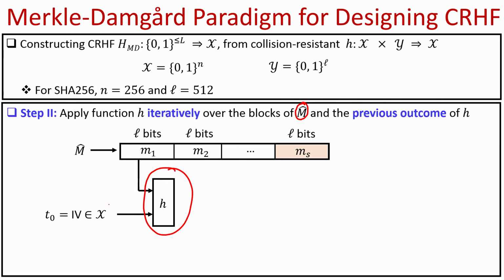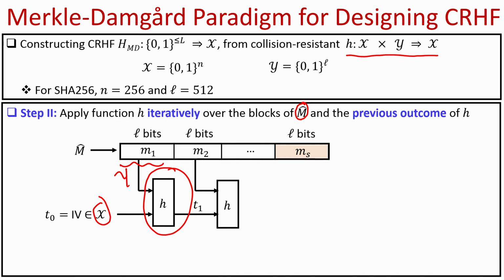It is taking an input from the X set and an input from your Y set, which satisfies the semantics of my little h function, and it will give you an output belonging to the set X.